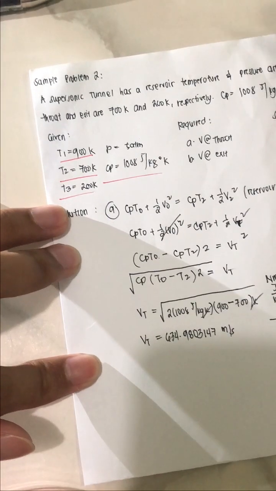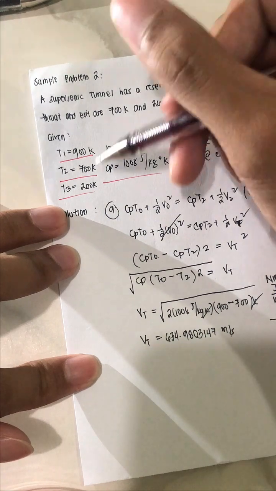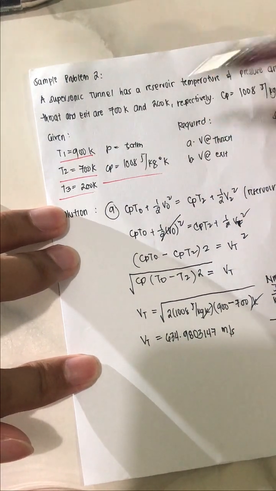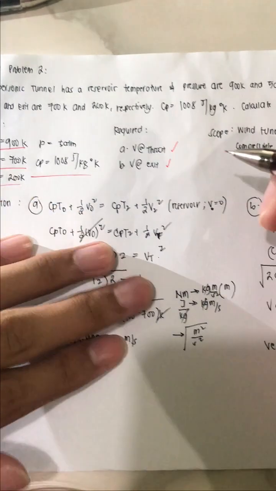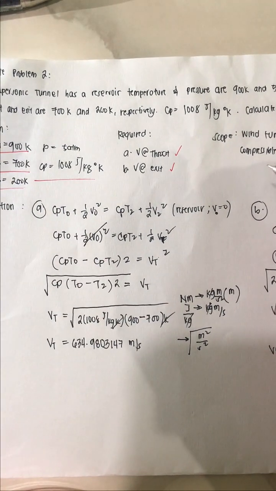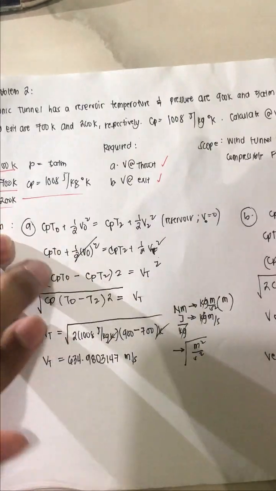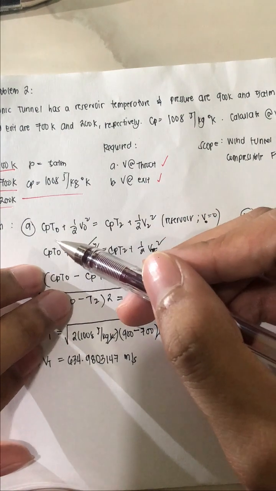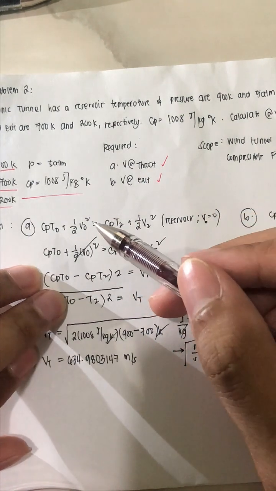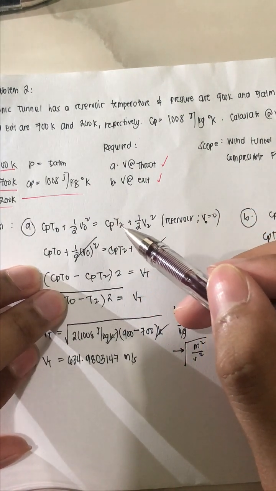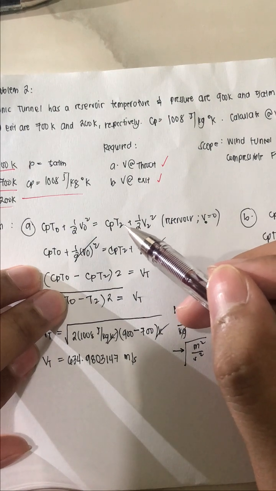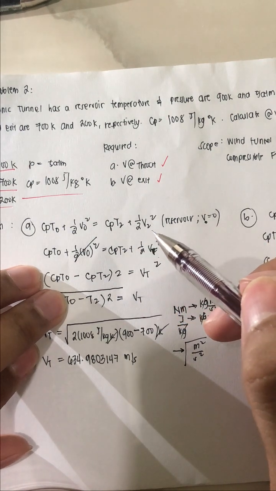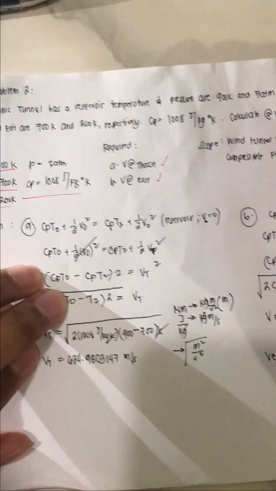So when it is not given, we look it up. When it is given, we use it. So, throat and exit. First, we all know the formula for supersonic flow is Cp T0 plus 1/2 V0 squared equals Cp T2 plus 1/2 velocity squared.